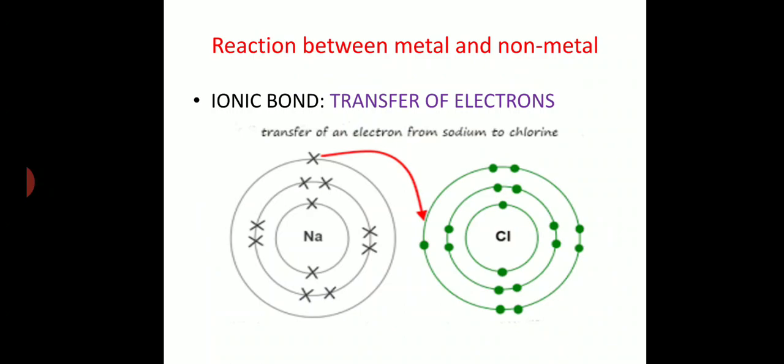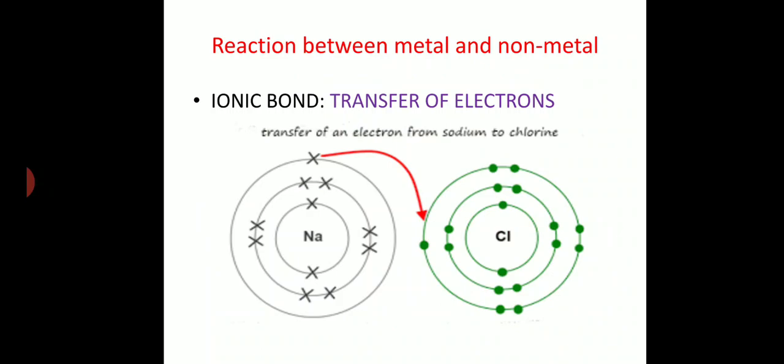Next, another important thing in this chapter, the reaction between metals and non-metals, right. In the beginning I told you metals are the elements which have a tendency to lose electrons, non-metals are the elements which have a tendency to gain electrons. For example, in the slide you can see sodium, atomic number 11, with electronic configuration 2, 8, 1.